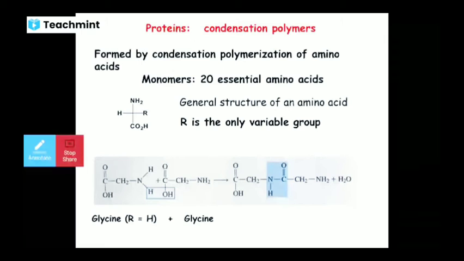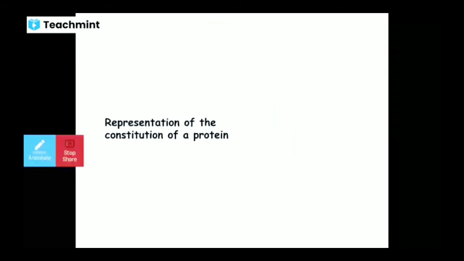In glycine, R is replaced by H, and glycine gives the first step towards polyglycine. When two glycines are combined, the first step towards polyglycine is formed and water is removed.